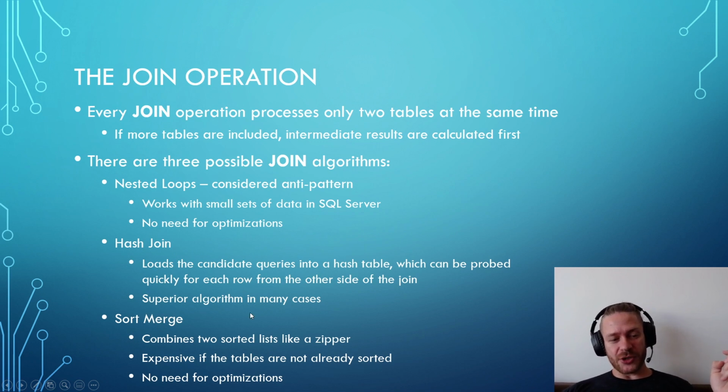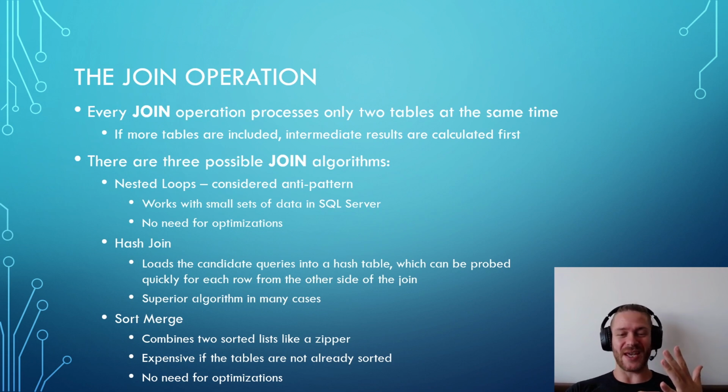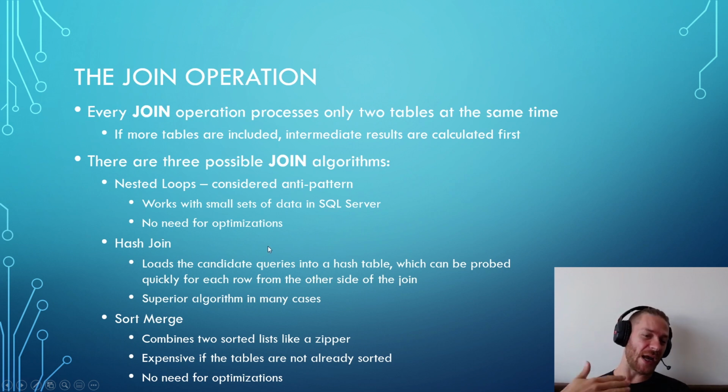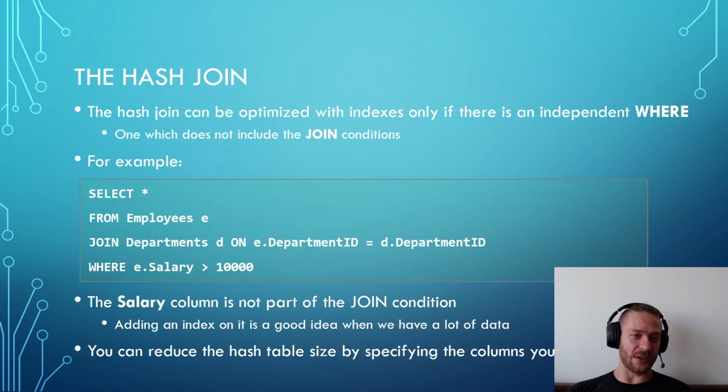For the sort merge, if we're using columns that are already sorted because they have indexes, then SQL Server just needs to merge them, which is already fast enough. And the third case is when we have a hash join, which is already a kind of fast algorithm, but we can optimize it.